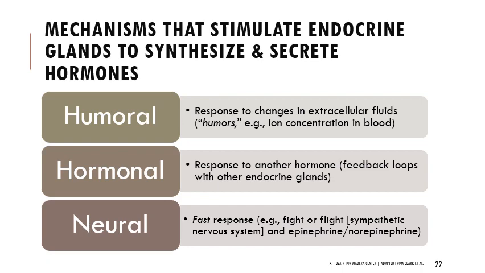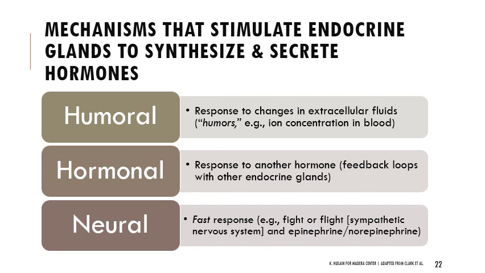And so when there's changes in our ion concentration in our blood, that's a humoral signal, a humoral stimulus. There's hormonal stimuli, and in that case, there's a hormone telling the endocrine gland to secrete another hormone. So that's part of a bigger, more complex feedback loop.